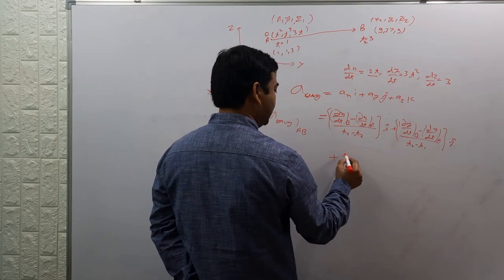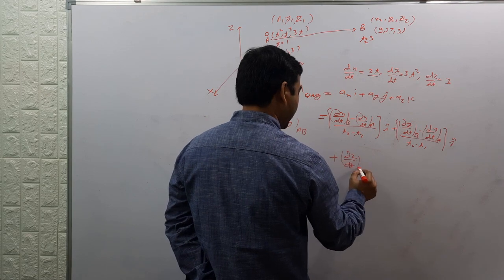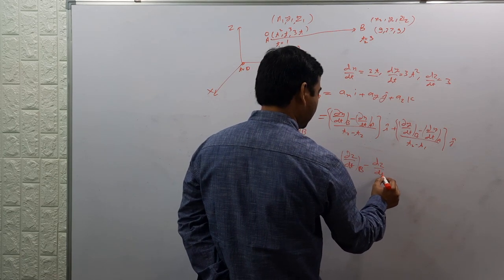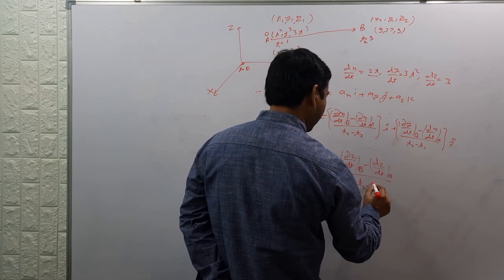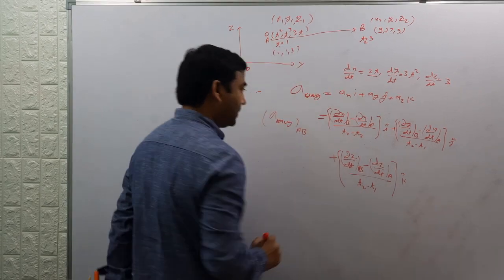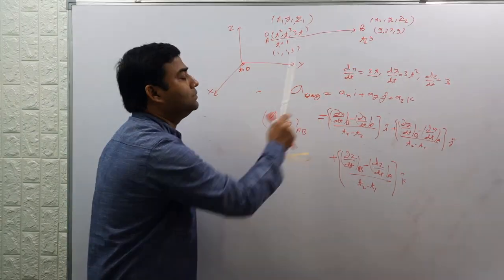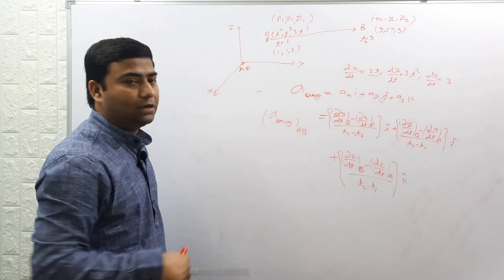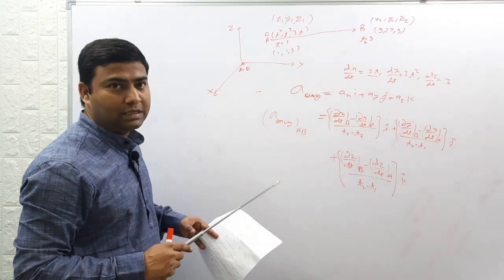Similarly, in k direction, dz over dt at point B minus dz over dt at point A divided by t2 minus t1 into k. So this is the expression of average acceleration between point A and B, which we have calculated earlier. So this is how we understand the motion in a single frame.